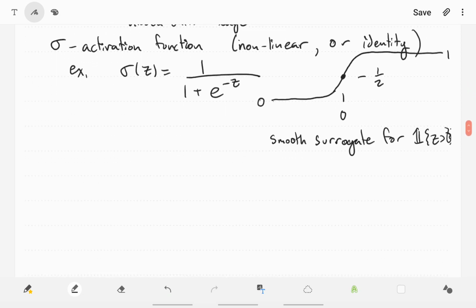So let's think about how we can do this.